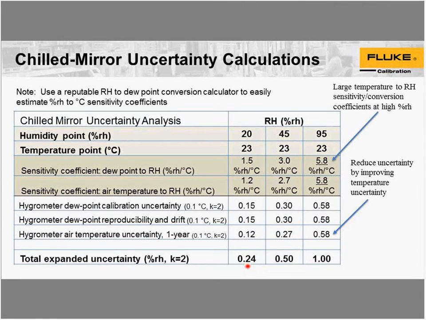Is there any calculator for dew point versus temperature or RH versus temperature? No, unfortunately. I went to the NIST website. I have to admit I haven't gone to NPL's website. They may have a calculator there, but I've checked several different manufacturers, Rotronic, Thunder, and others, and I get the same results from all of their calculators.